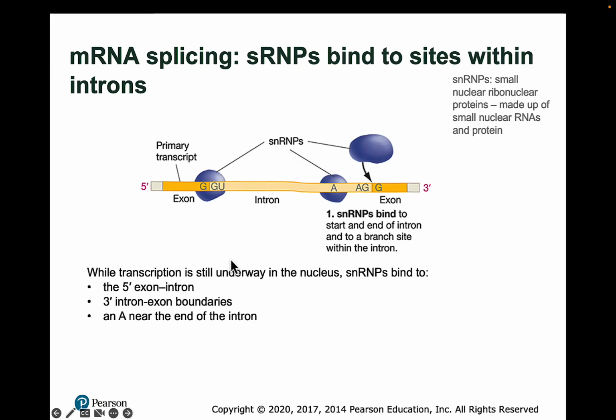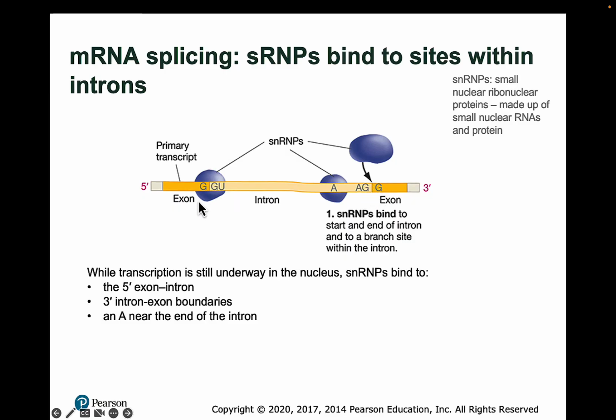And they bind to several places, okay? The first place they bind is at the 5' right here, the 5' exon to intron boundary. So they have one SNRP that binds here. They have another SNRP that binds at the 3' intron to exon boundary, so right over here.